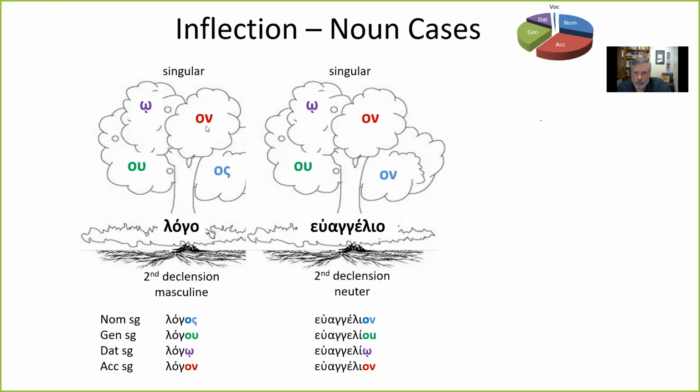The omicron stem with the nu ending would be the accusative, and the accusative would function as a direct object in our sentence. And if we have the omicron stem with the upsilon ending, that is the genitive case, and it functions typically as possessive.